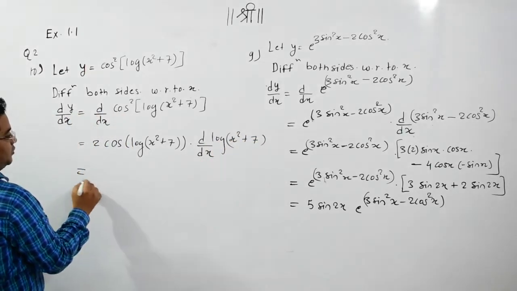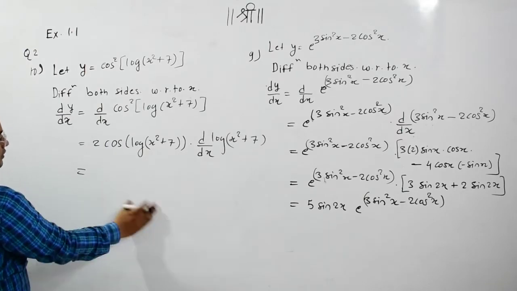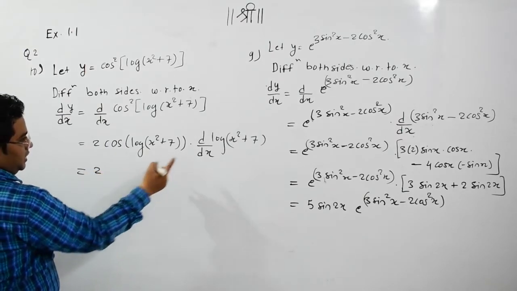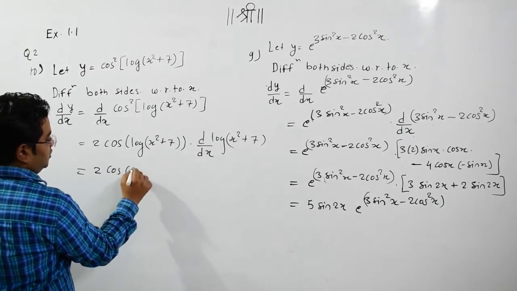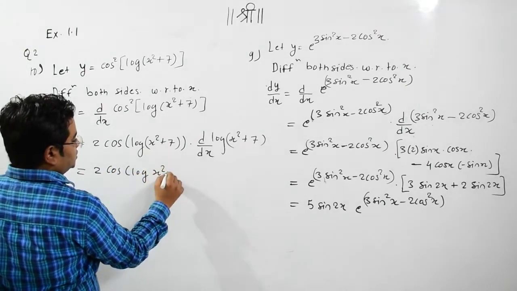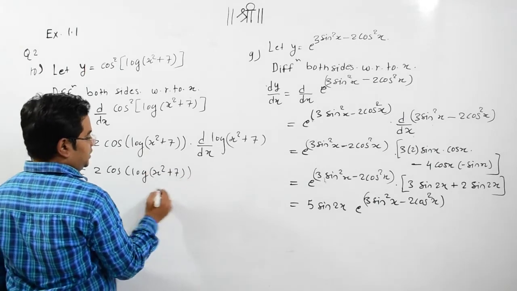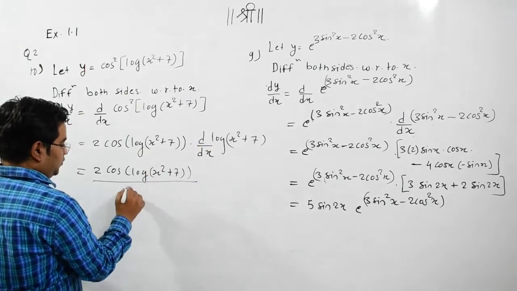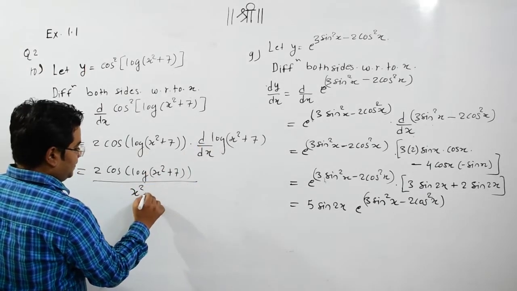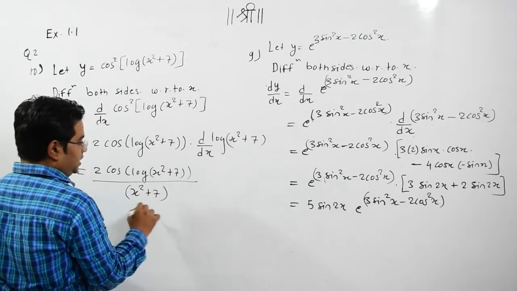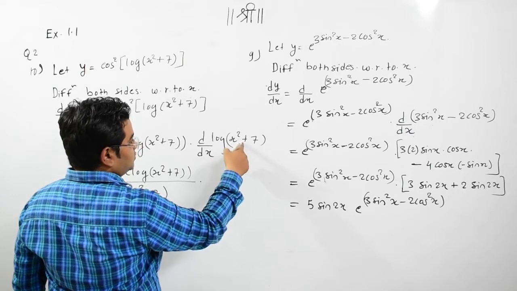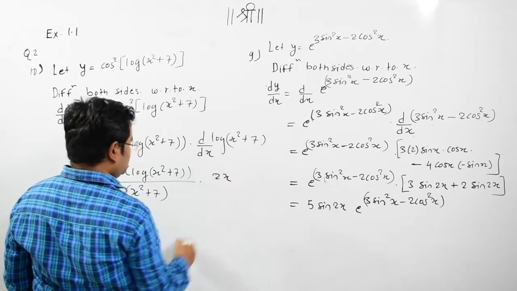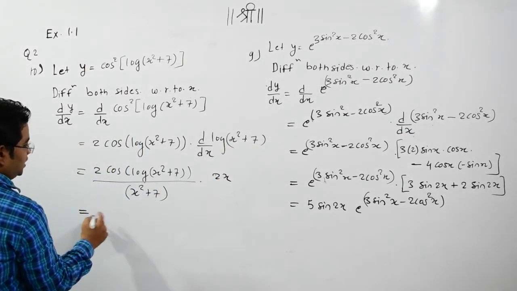I can do it directly, but I am doing it for you. The derivative of log is 1 upon something, so 1 upon (x² plus 7), dot the derivative of x² plus 7, which is 2x. That's it.